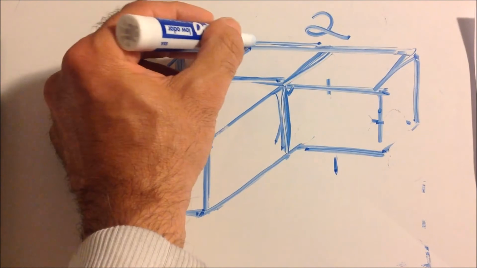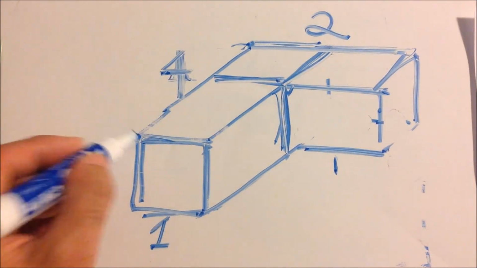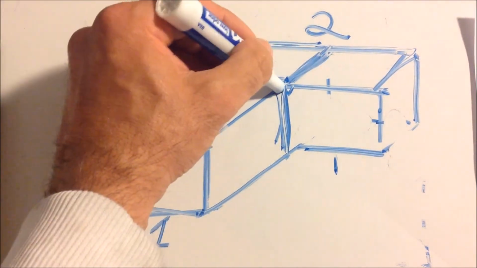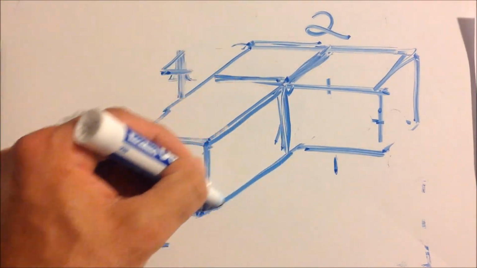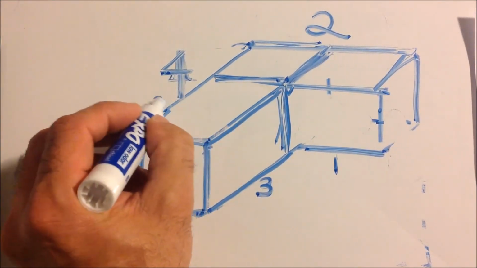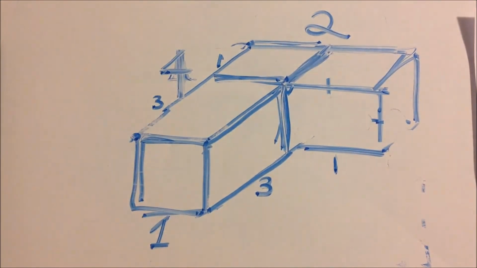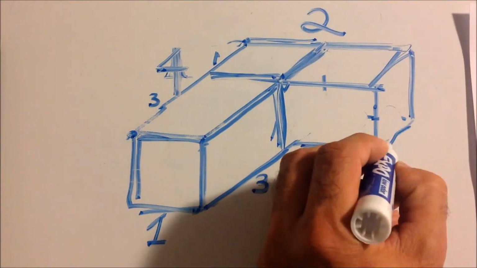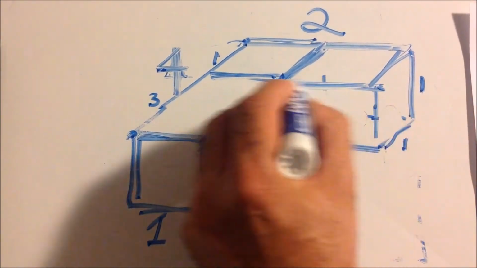This whole thing from here to here was 4, and the cube was 1. So this part that's left would be 3. This would be 3, and that would be 1, and together would be 4. Okay, we'll have a 1 here and a 1 here. Remember, it was a cube.